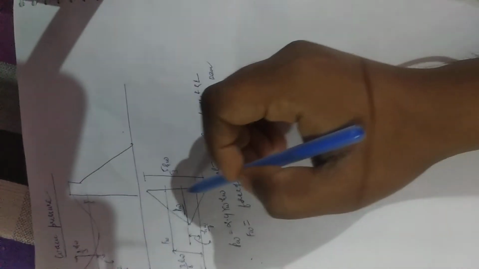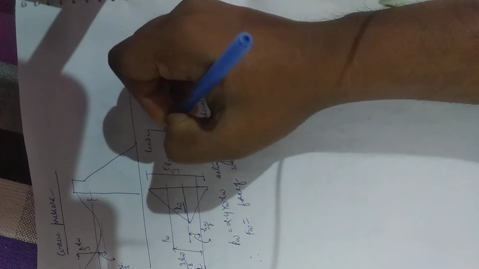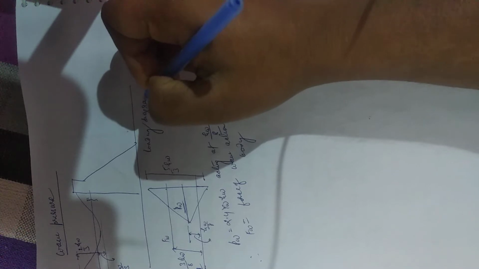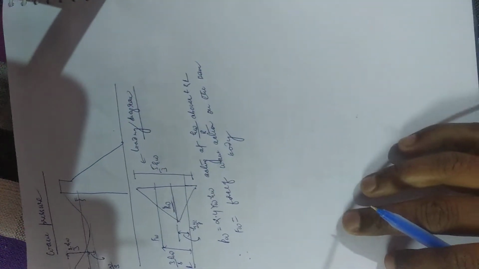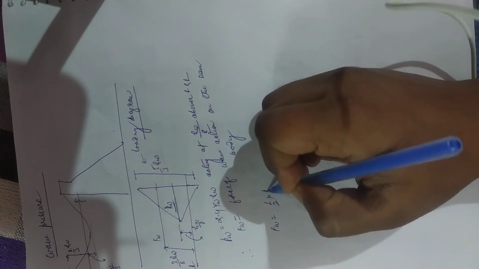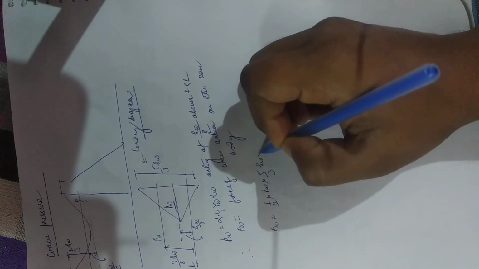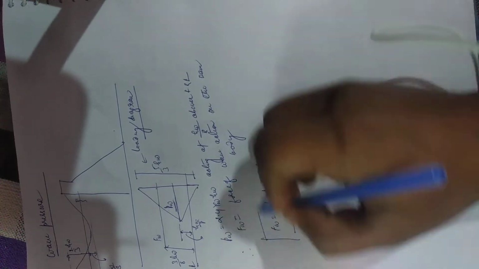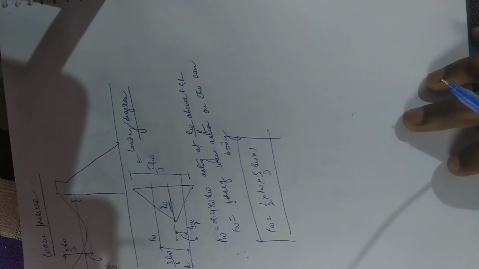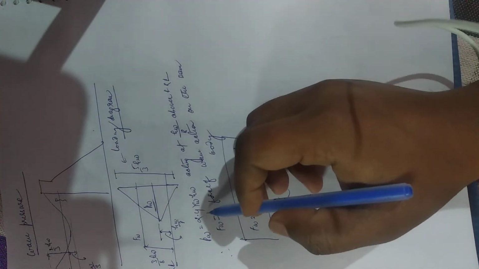So force due to the wave action per unit width will be the area of this loading diagram. So here we can write FW is equal to half into PW into 5/3 SW into 1. So the value of PW is written over here.